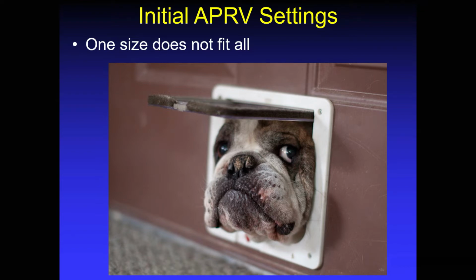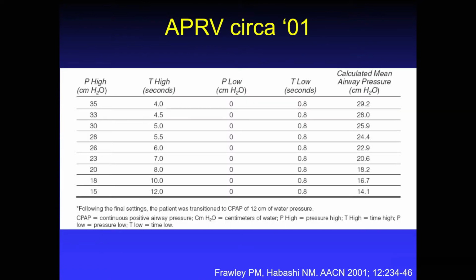And that was one of the things I struggled with initially in trying to utilize APRV, and I think others have struggled similarly. This is a weaning sequence published by Dr. Habashi in one of his early publications back in 2001. Now, this was meant just as an example of how to wean APRV, but I think a lot of us, myself included, took this as an algorithmic approach to APRV.